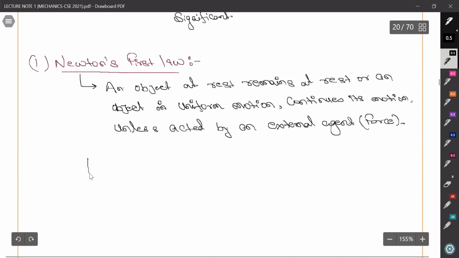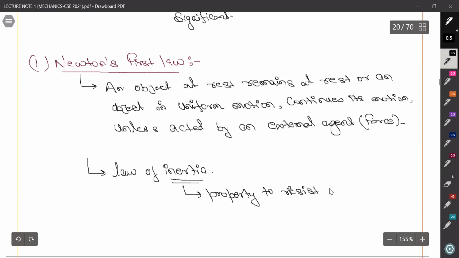And this is also known as the law of inertia, right? Where inertia is what? Inertia is the property of matter to resist change of state of motion.